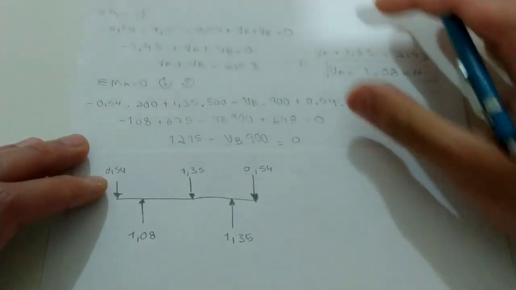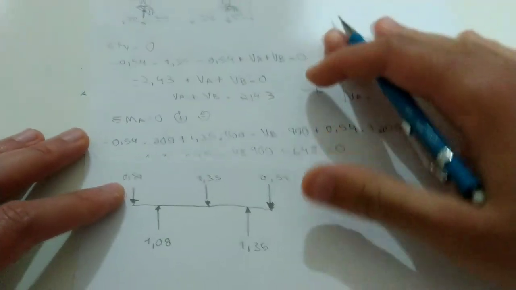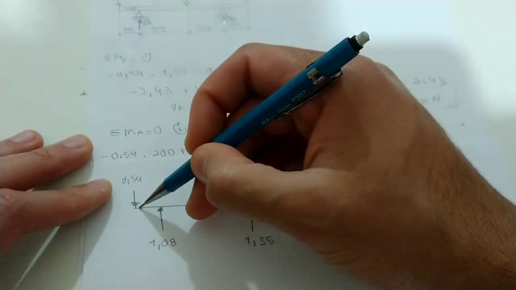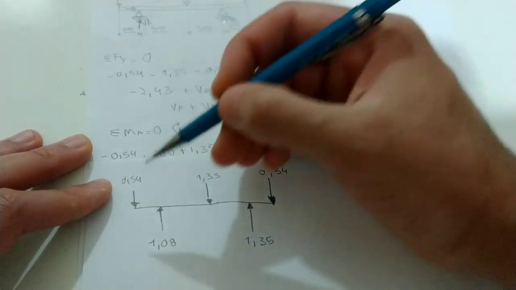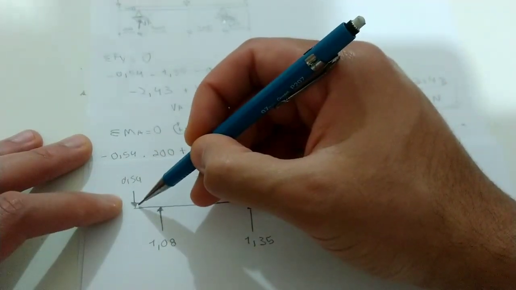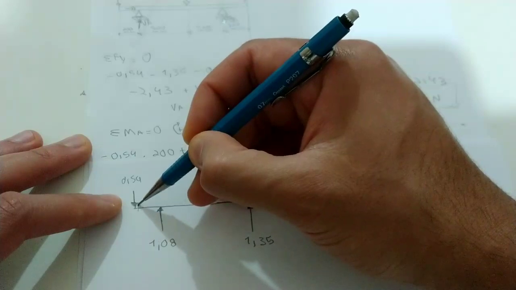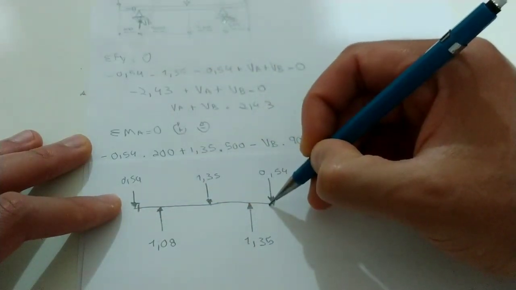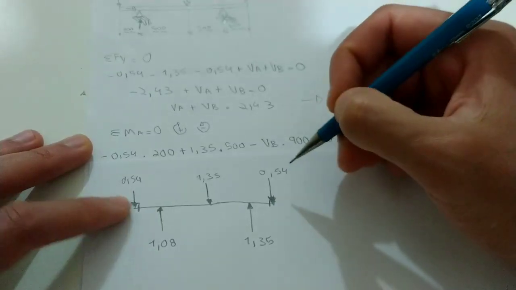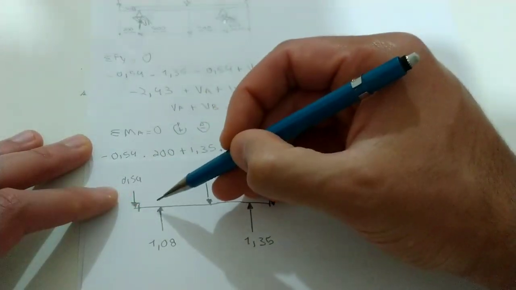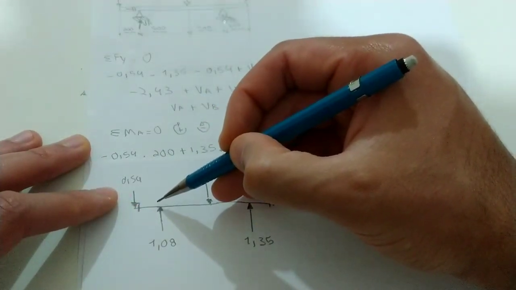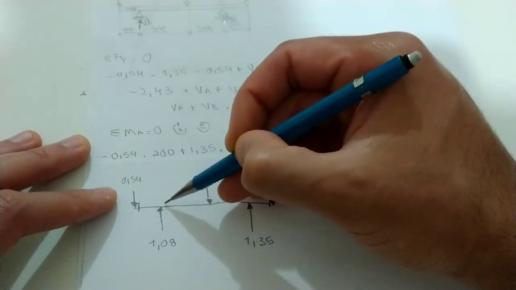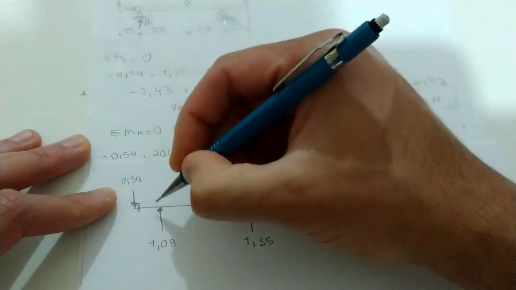To make the internal efforts, we have to cut these forces. In the beginning of the structure, we make one cut, and in the finish, we make one cut. In each force, we have to make two cuts, in the begin and the finish.